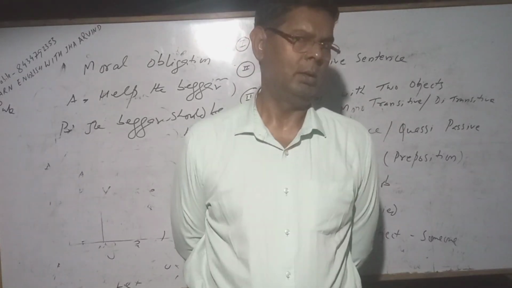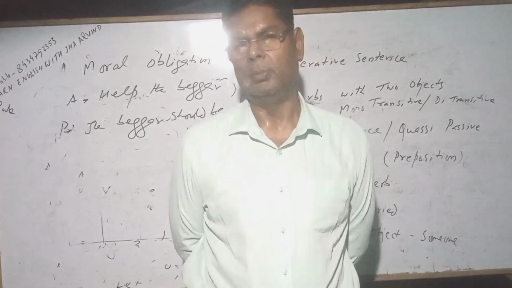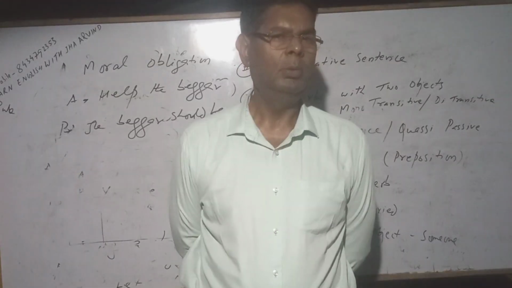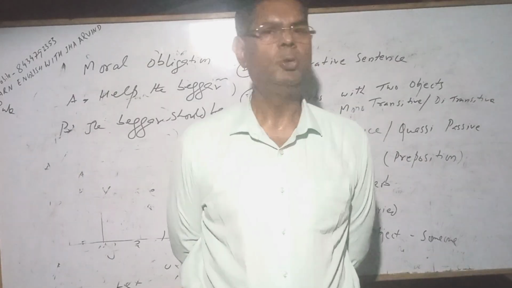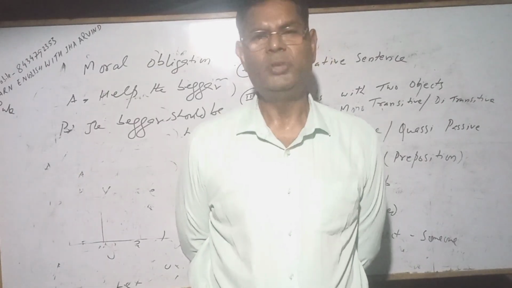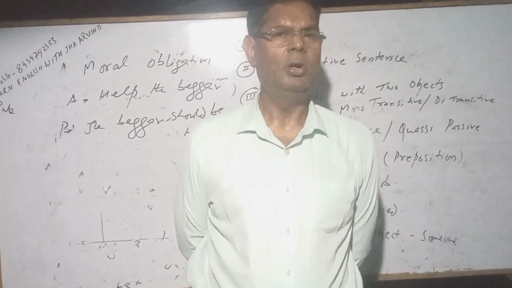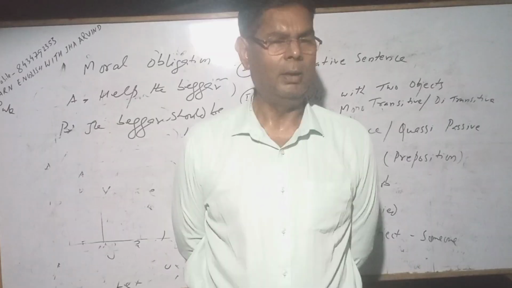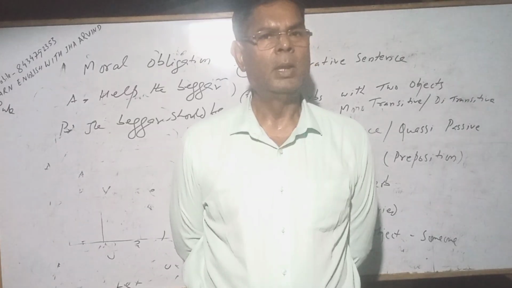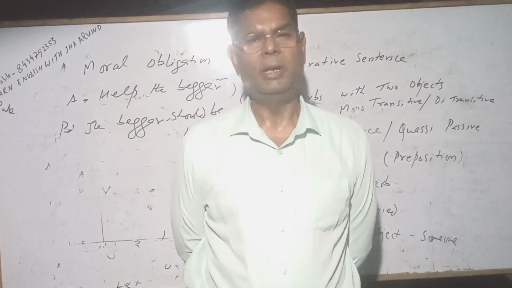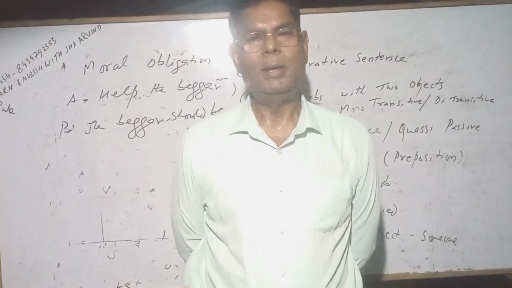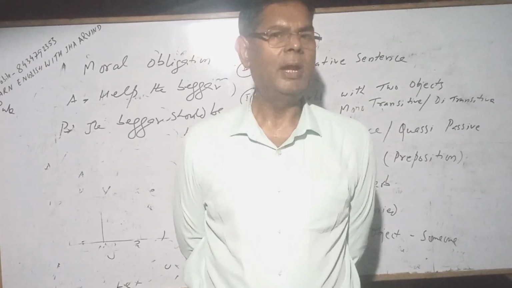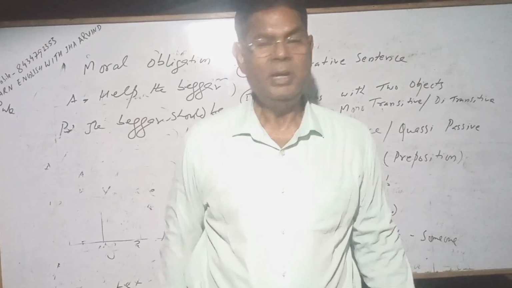Ram bought a car. Monotransitive verb. Ditransitive, the verbs which require two objects are called ditransitive verb. For example, he gave me a pen. Okay, here we get gave. It is ditransitive. Pen is your direct object. Me is your indirect object.